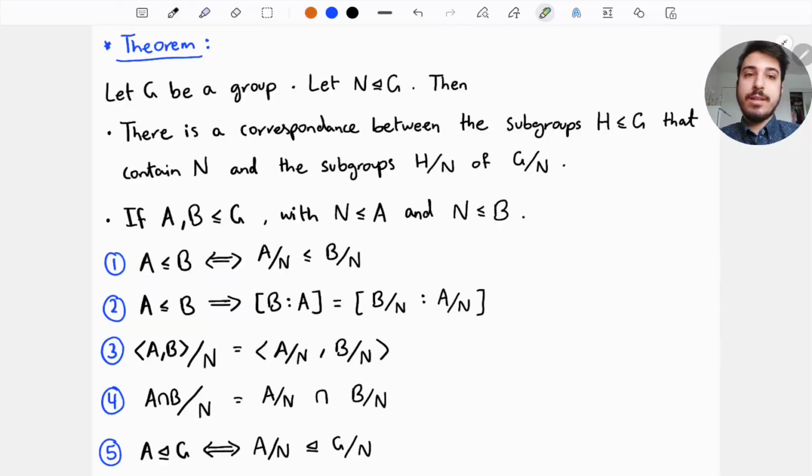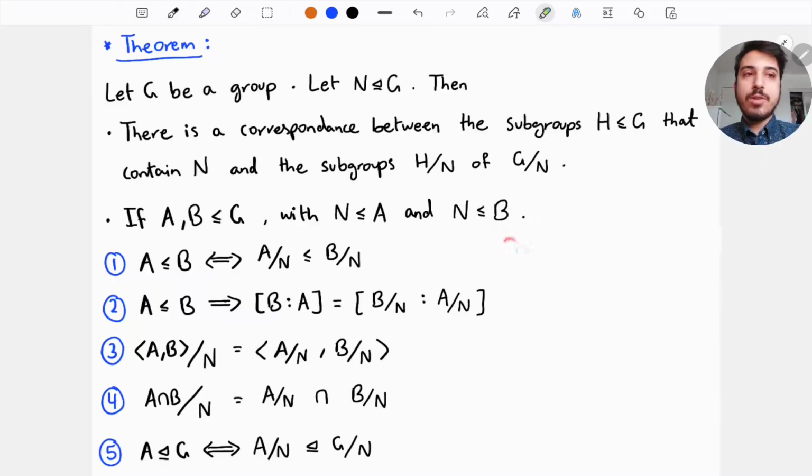Number three says that if we take the subgroup generated by A and B and we take the quotient of that by N, this is equal exactly to the subgroup generated by the quotient of A by N and the quotient of B by N. Number four, we have that if we take the intersection of A and B and we take the quotient of that by N, this is equal to the intersection of the quotient of A by N and the quotient of B by N. Number five says that A is a normal subgroup of the group G if and only if the quotient A/N is a normal subgroup of the quotient G/N.